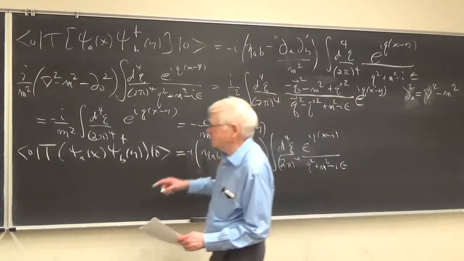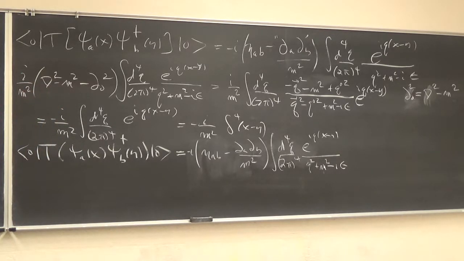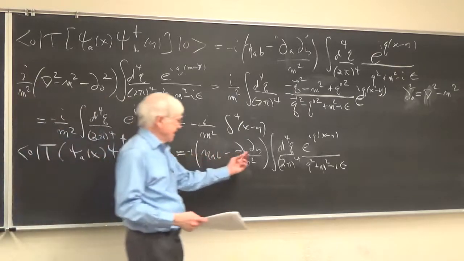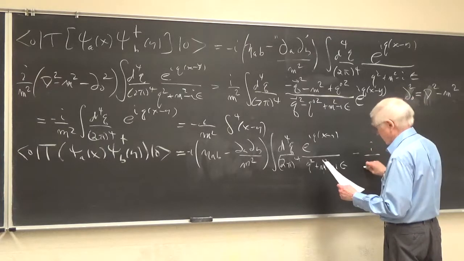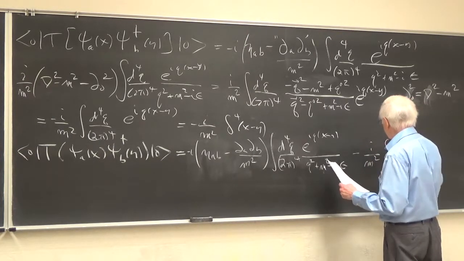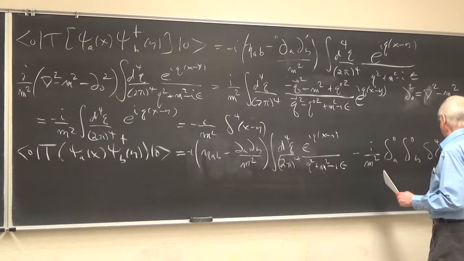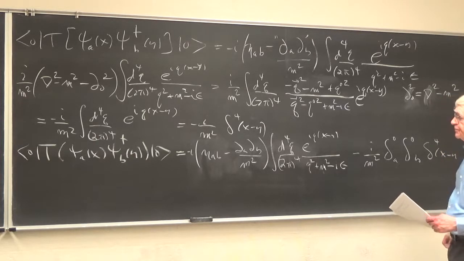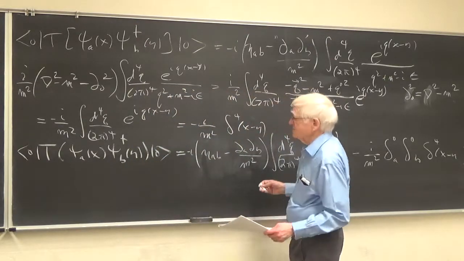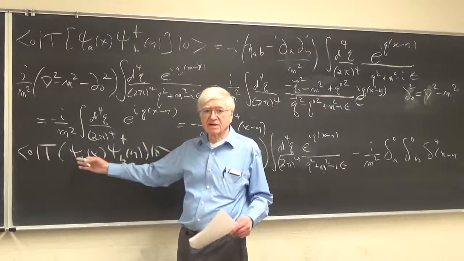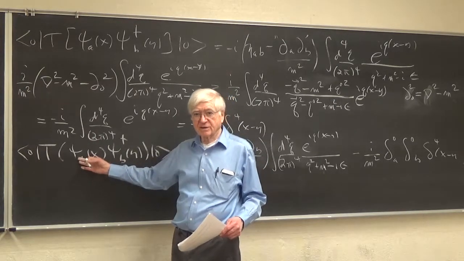But we have to add the correction term, which puts back in the quotes and subtracts the d0 squared term. If we do that, we have minus i over m squared, delta 0A delta 0B delta 4 of x minus y. The reason is that this pA pB refers to the Lorentz indices on the vector boson.